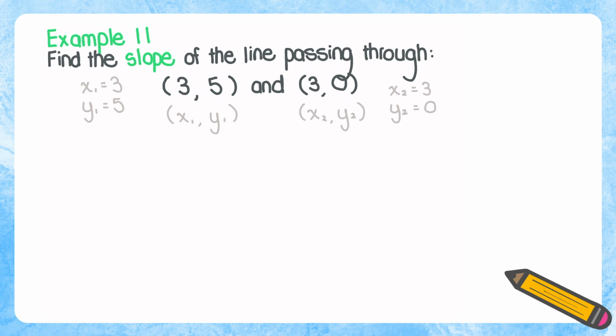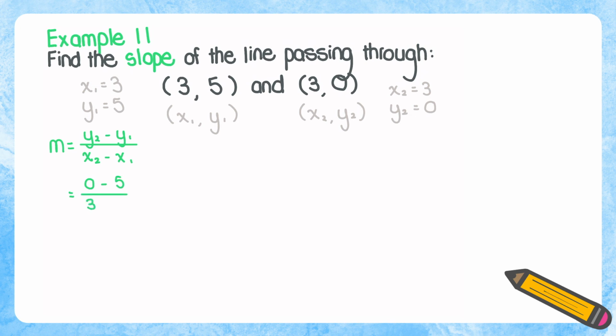Let's start writing out the formula. M equals y sub 2 minus y sub 1 over x sub 2 minus x sub 1. Y sub 2 equals 0, y sub 1 equals 5, so we have 0 minus 5.